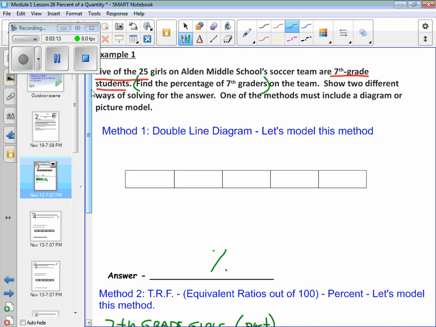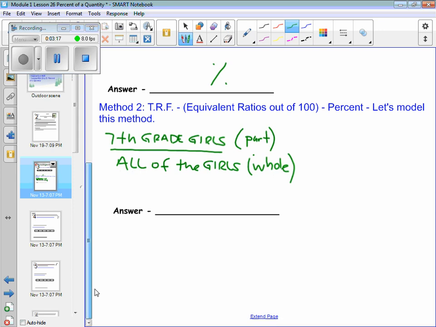Those 5 out of 25 are 7th grade girls. Go back to your template ratio. That's our top. 5 out of how much, everybody? Just say it. 25 is the whole. Okay? That's why this 5 is representing the part of the entire 25. That's why we're calling the top part the part, and the whole is everything together. And that's represented by 25.